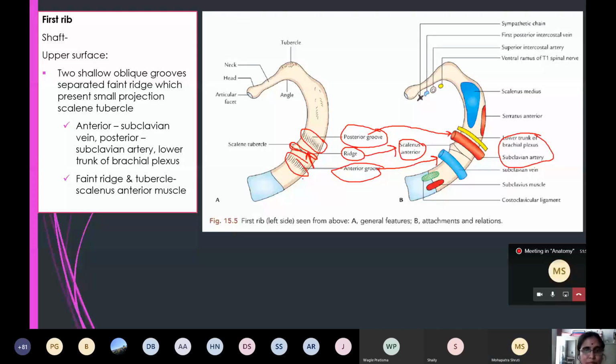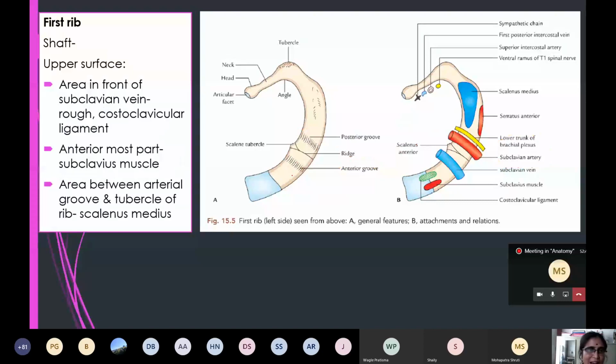Now, the area slightly in front of the anterior groove provides attachment to two structures. Slightly in front of the groove for the subclavian vein is the attachment of the ligament between the rib and clavicle. What is the name of the ligament? Costoclavicular ligament. More in front of the costoclavicular ligament, the upper surface provides attachment to the subclavius muscle.